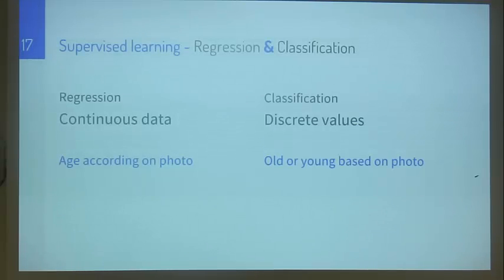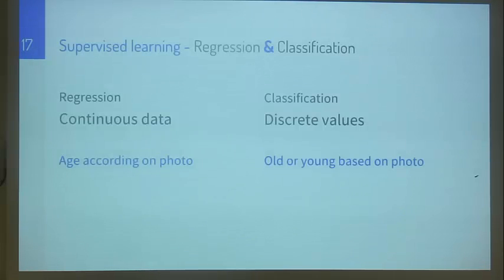Based on your photo, the app outputs what the machine predicts your age is. If it gives a specific value, say 23, 24, 25, 26, it's a continuous value, so it's a regression model, right? But if it says that you are old or young, those are discrete classes, so there are no continuous values in that.